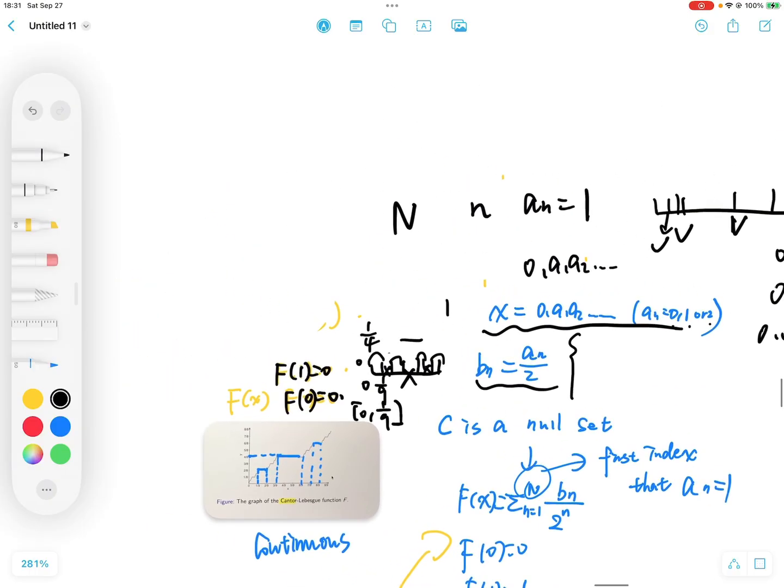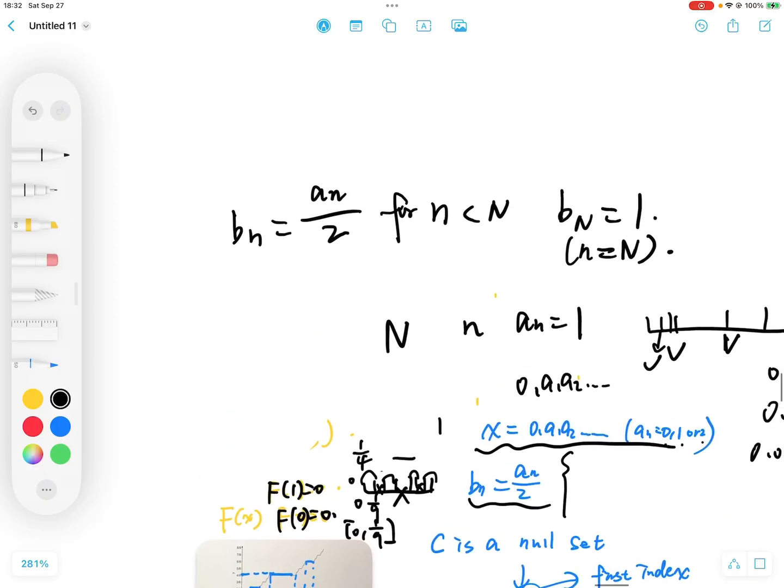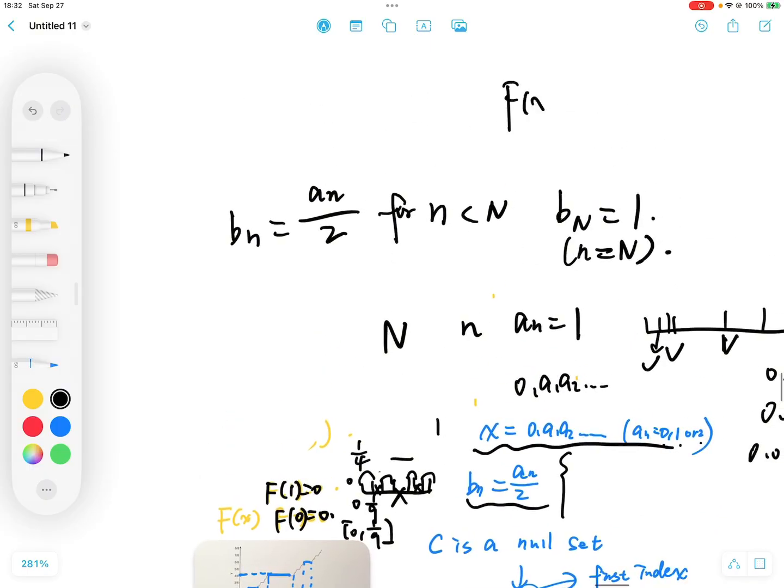And now we let b_n equal a_n over 2 for n less than N, and b_N equals 1. This means n equals N. And we define f of x equals this.